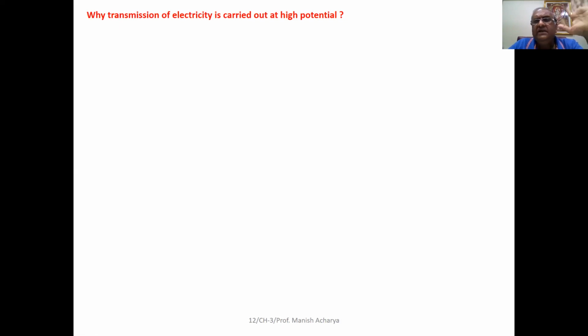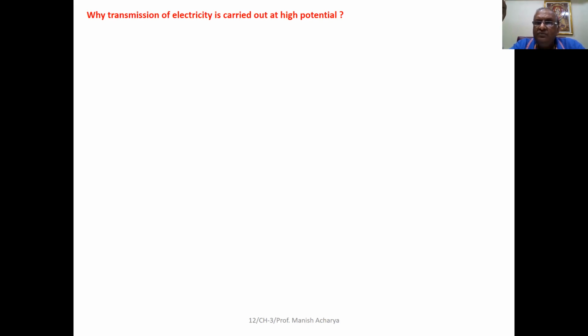If we use any cable to transmit the electrical energy from powerhouse to end user, that cable has some resistance. And if some resistance is there, then definitely the electrical power will be converted into heat, and it will dissipate in the atmosphere, and that is a pure loss of energy, right?